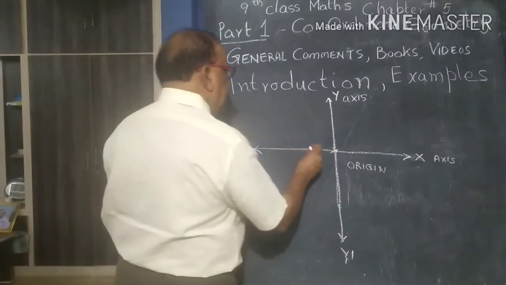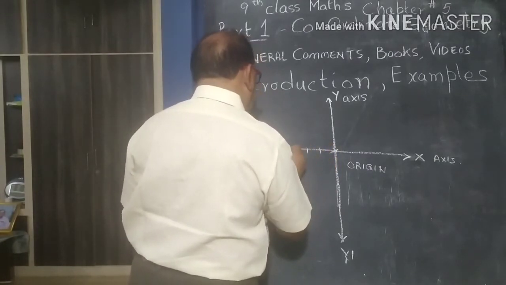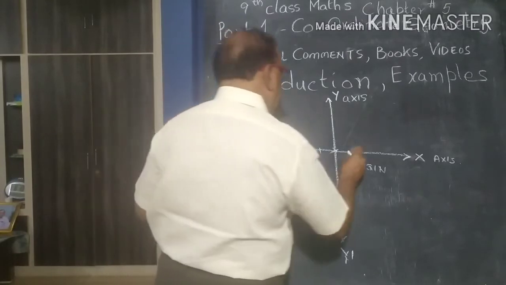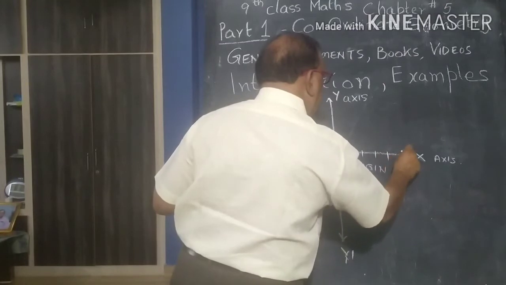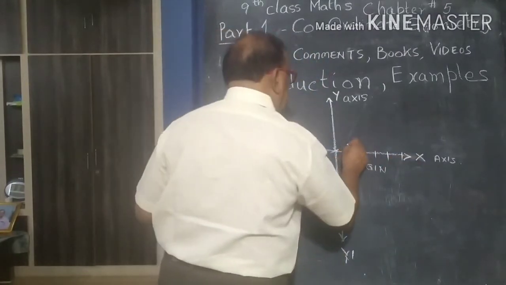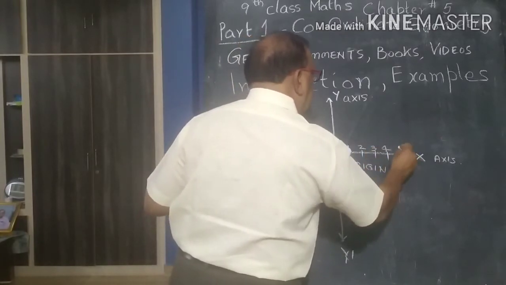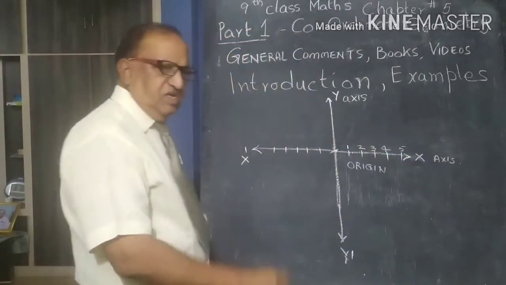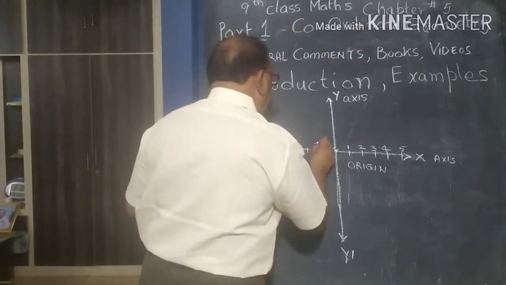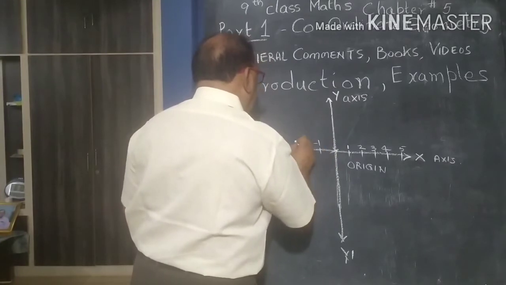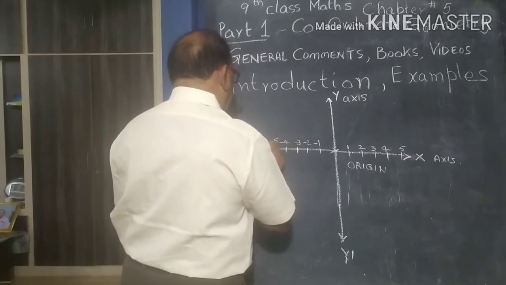When you mark the dimensions on the x-axis, at 5 equal places, this is 1, this is 2, this is 3, this is 4, this is 5. You can mark as many points as you want. On this side, this is -1, -2, -3, -4, -5, -6.